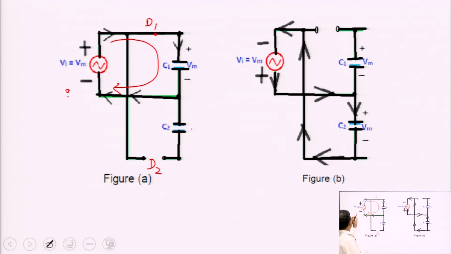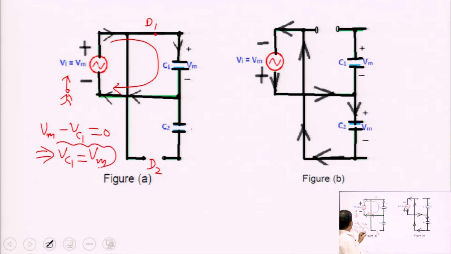Suppose we apply the KVL here: minus Vm plus, this is Vm, and minus Vc1 is equal to 0, this implies Vc1 is equal to Vm. This means the voltage across C1 is Vm.